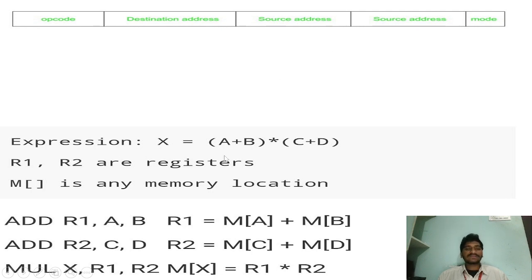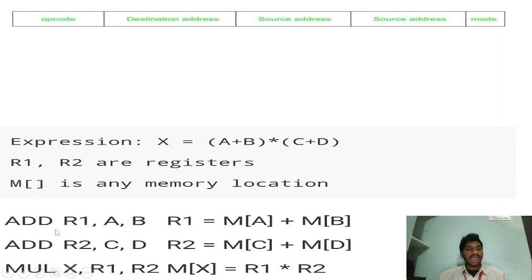The expression is x equals (a plus b) star (c plus d). There we have taken R1 and R2 registers to store the results, and M in square brackets is any memory location.